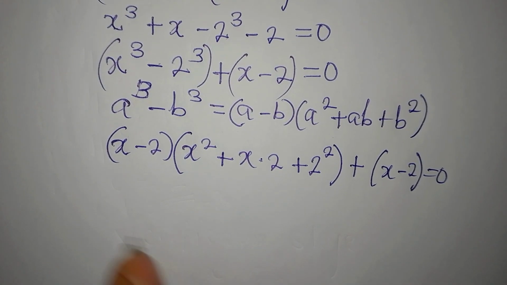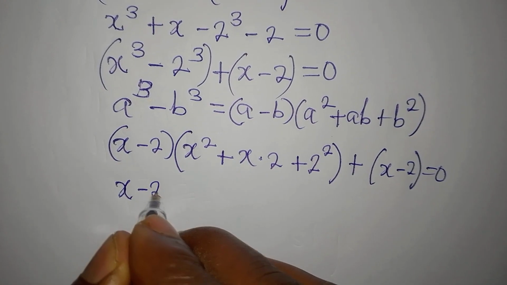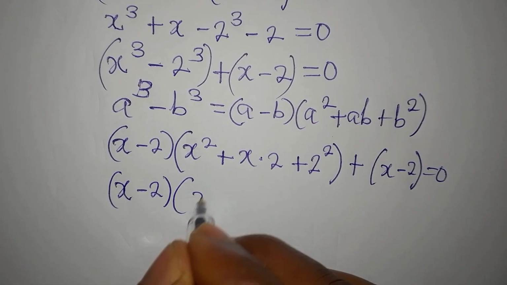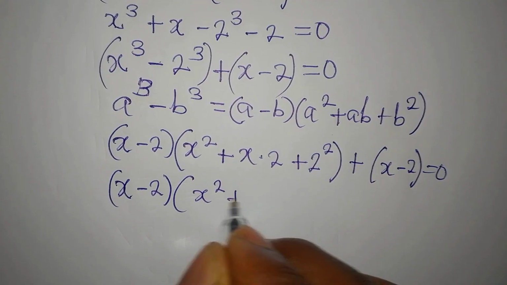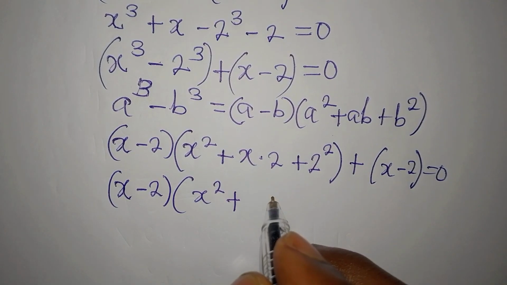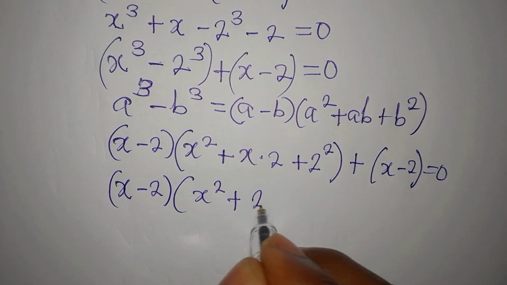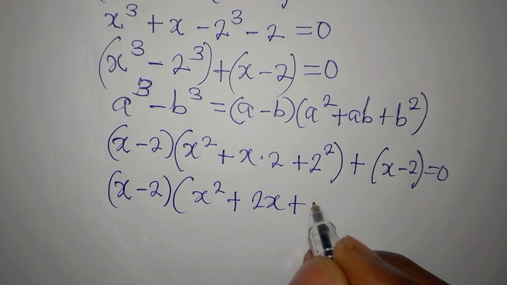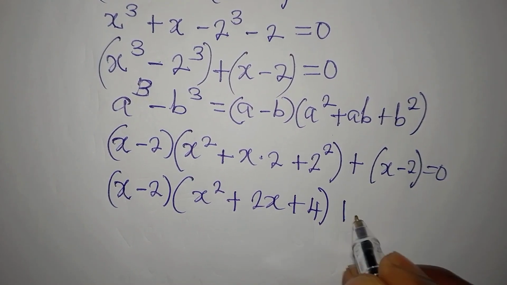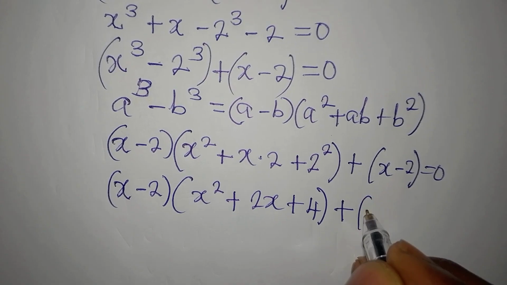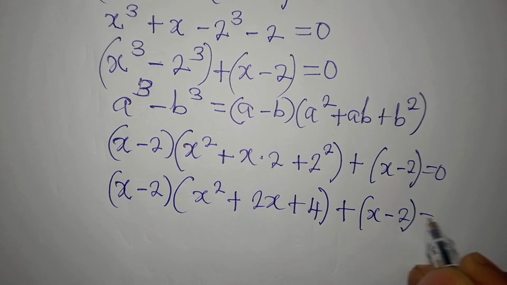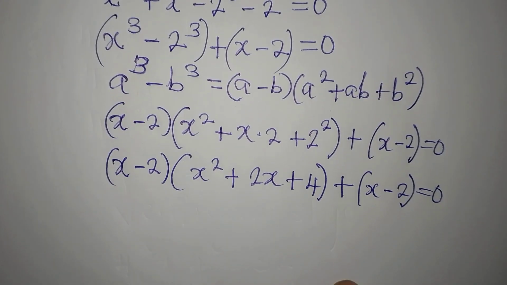And then from here, let's take a step further. x minus 2 into x squared plus x times 2, okay, x times 2 is 2x, plus 2 squared is 4. Then plus we have x minus 2 to be equal to 0.